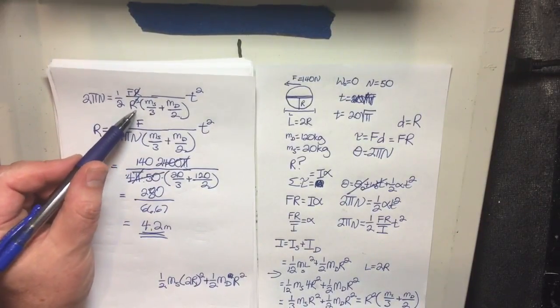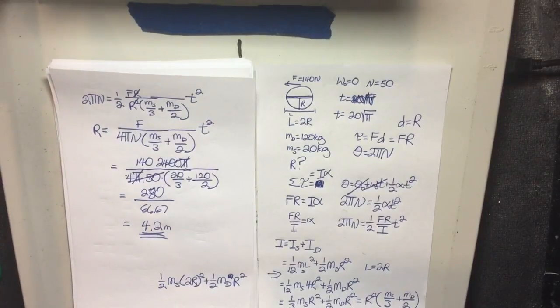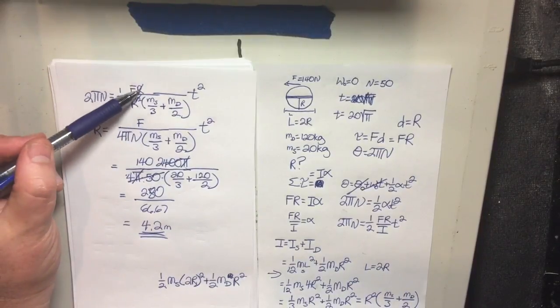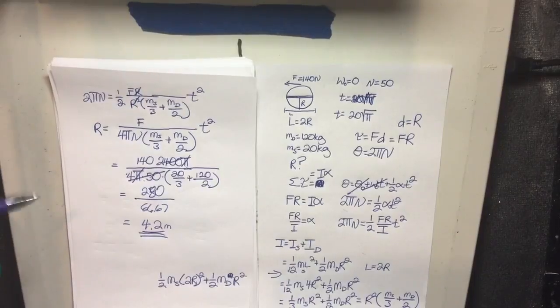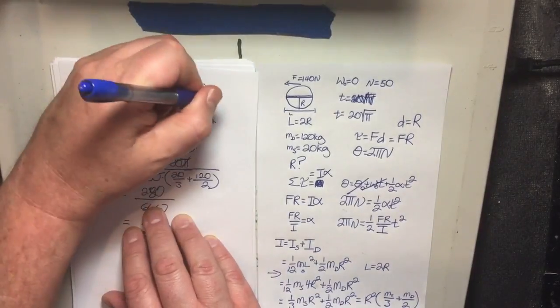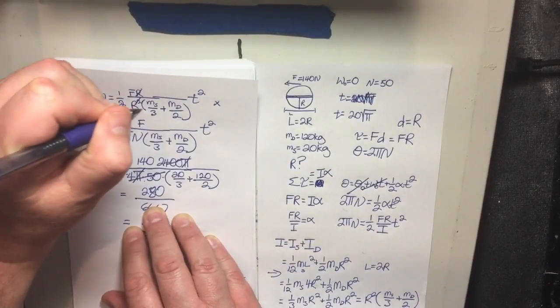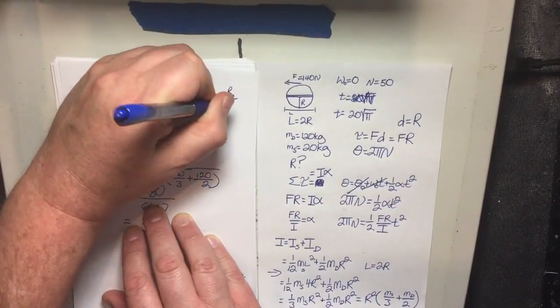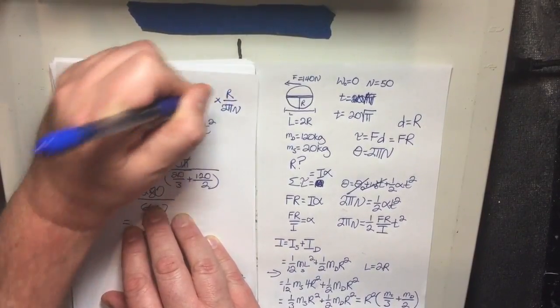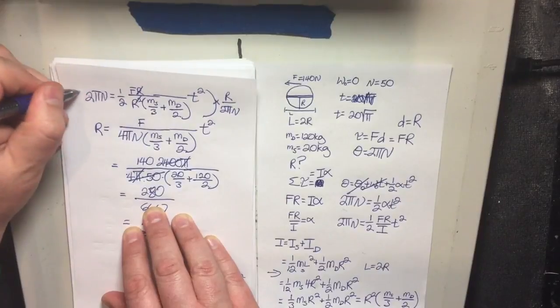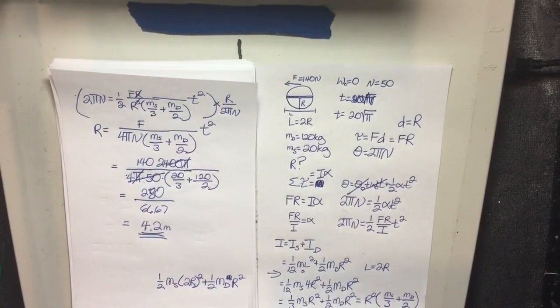This r that's hanging out in the denominator that was r squared but canceled with this r, I took that and brought it up. So effectively, I multiplied both sides by r over 2 pi n is really what I did. Does that answer it? Okay, good.